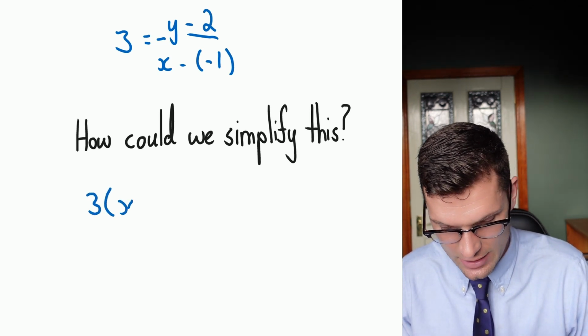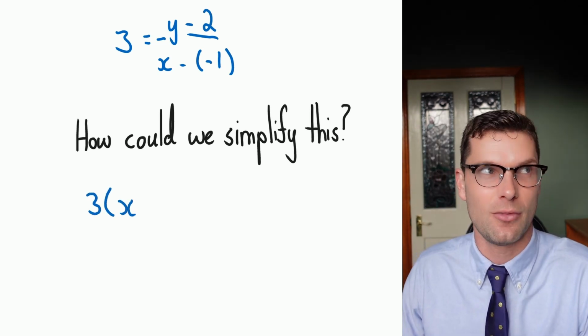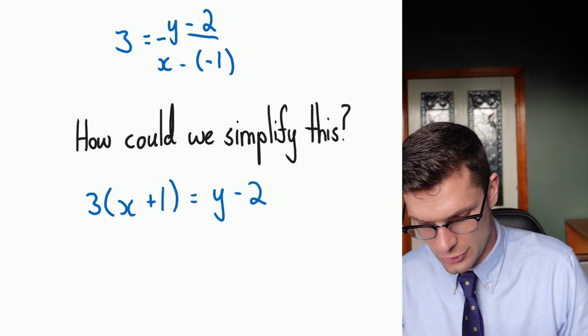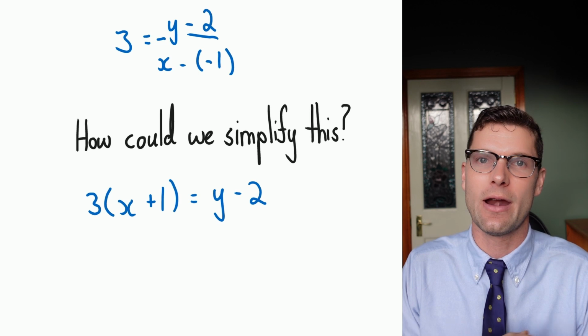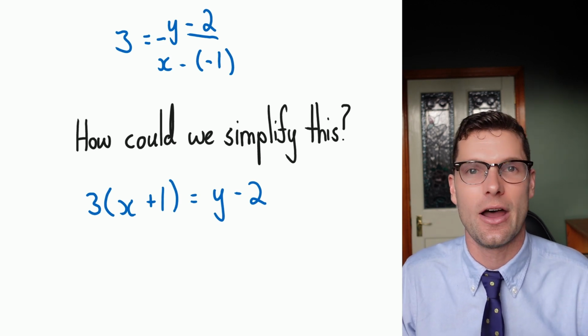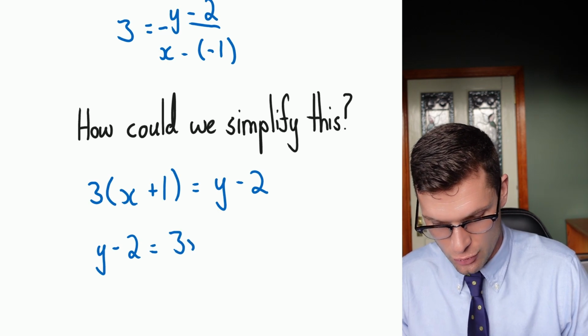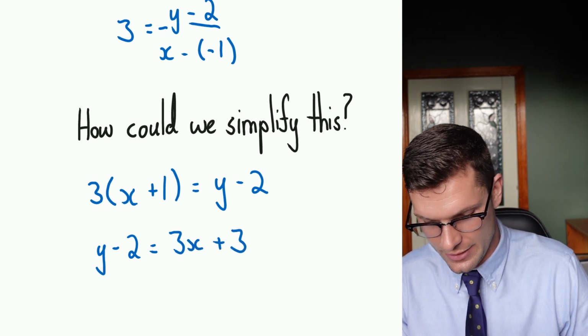So this becomes 3 times (x minus 1) is equal to y minus 2. Because they're equal, I'm actually going to switch them around and then expand that x side straight away. So this is y minus 2 is equal to 3x minus 3.